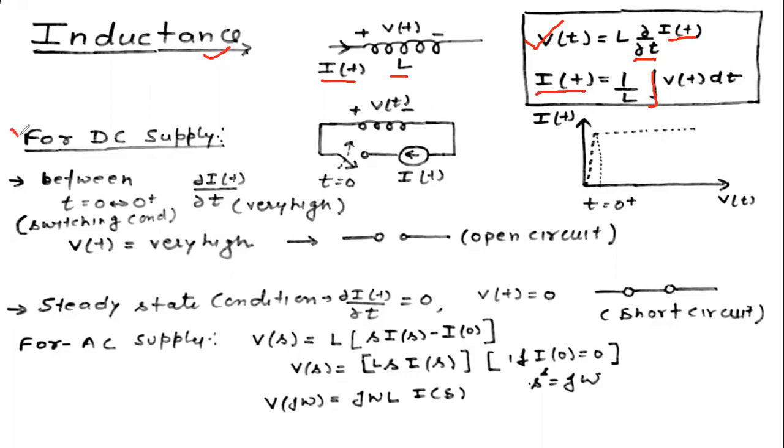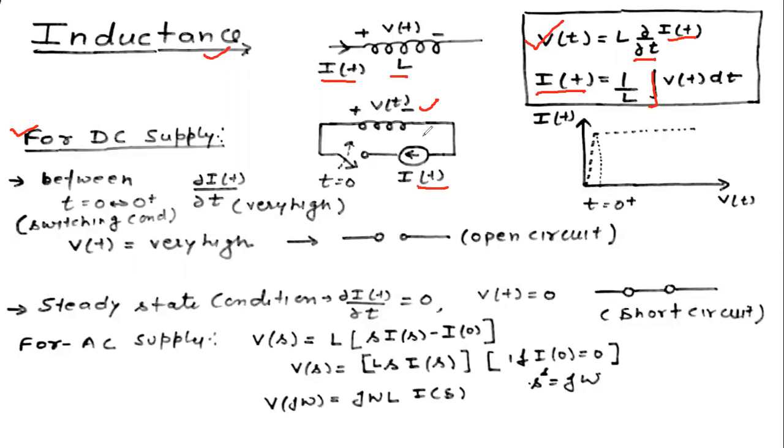Now the behavior of the inductor for DC supply. Here we have shown an inductor, and we have taken the current i(t). Remember, when we used the capacitor we took the voltage as the source, but here we are taking a current source. Why?